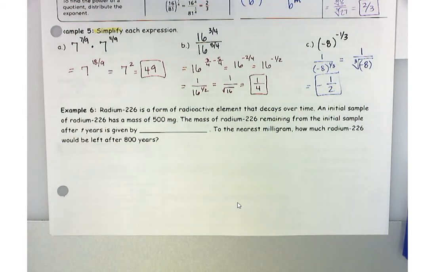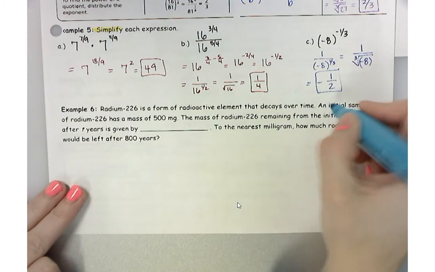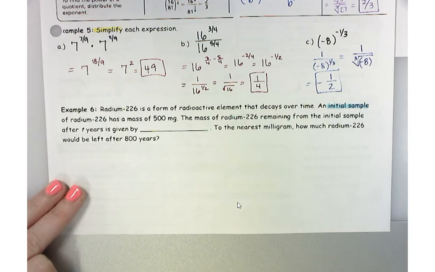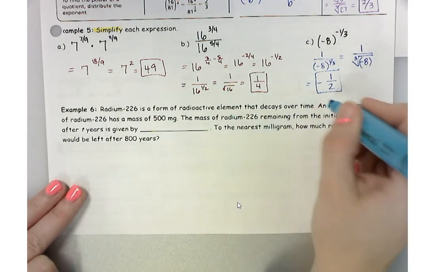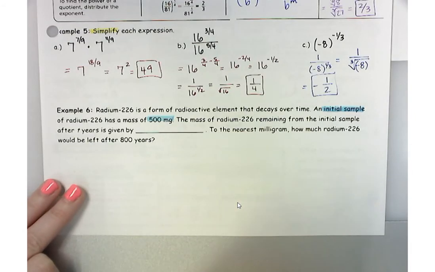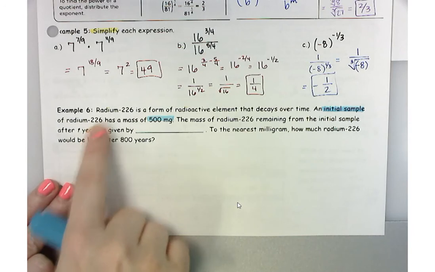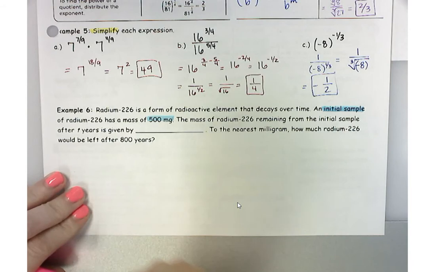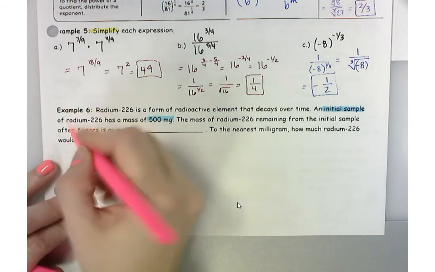The mass of the radium-226 that's remaining from the initial sample after T years, okay, so after T years, the mass remaining is given by, and then I'm giving this to you, 500 times 2 to the power of -T over 1600.